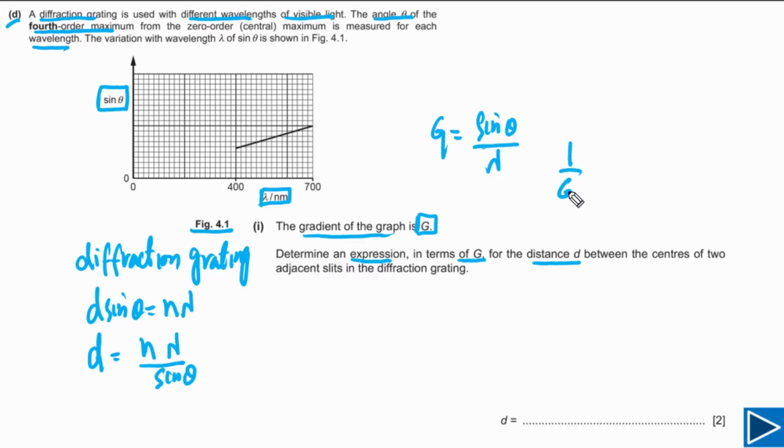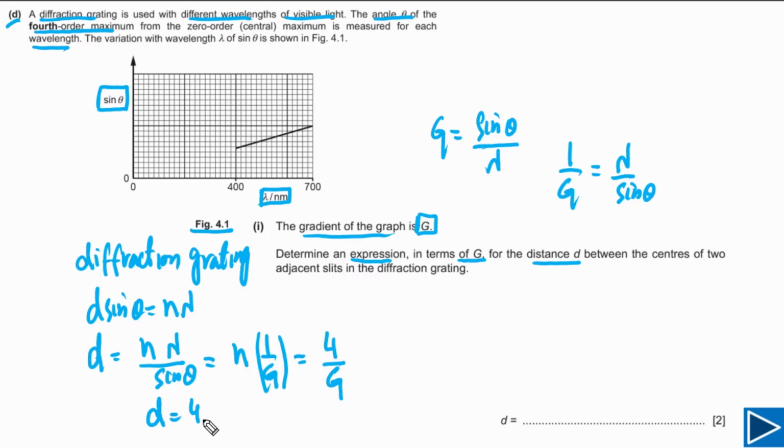If we write down 1 over G, this will be equal to lambda over sine theta. Now we can simply replace lambda over sine theta with 1 over G. In this question, it is given to us for fourth order maximum. Fourth order means n is equal to 4, and this is divided by G. So d simply is equal to 4 over G, and this is our answer for this question.